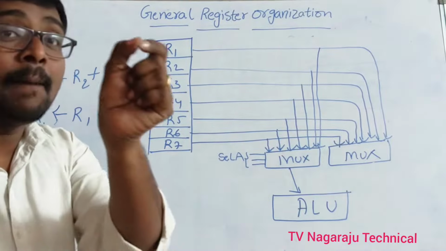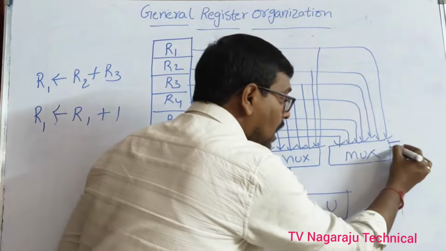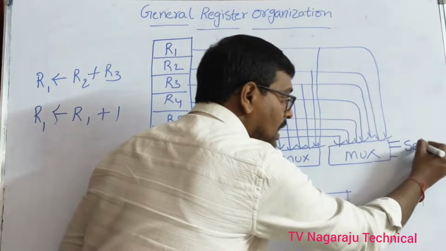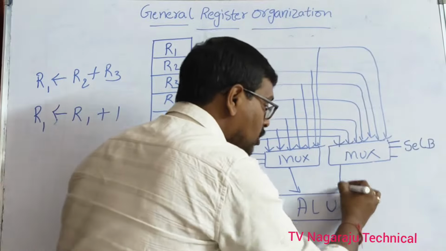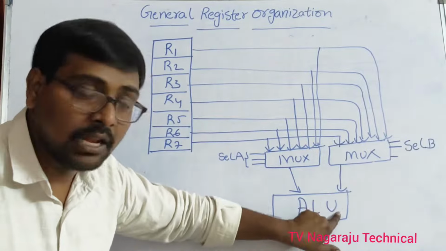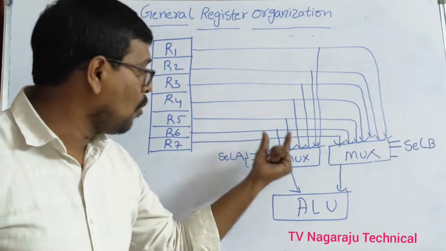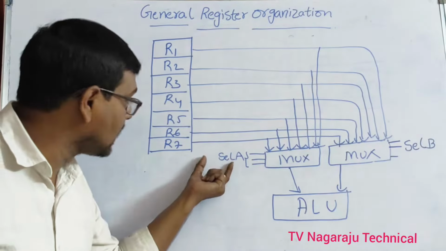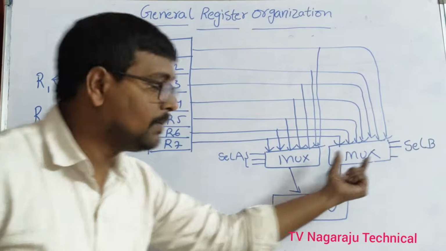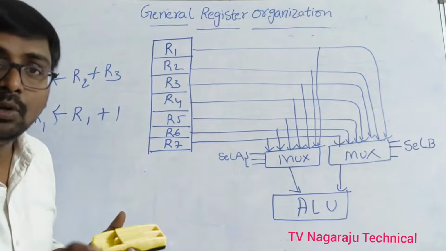Assume this is the A bus. Similarly, we have selection B, SELB, which selects one input and that is moved to the ALU. This is the B bus. That is, 2 buses are selected: one by using selection A and another by selection B. It moves to the ALU.